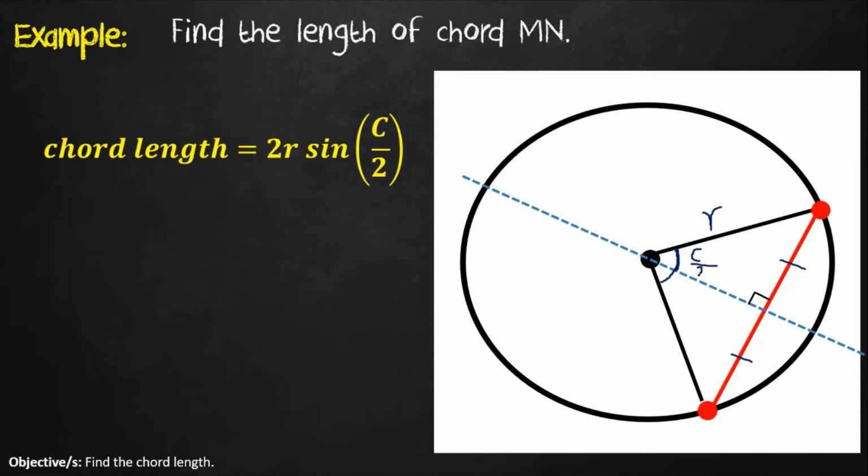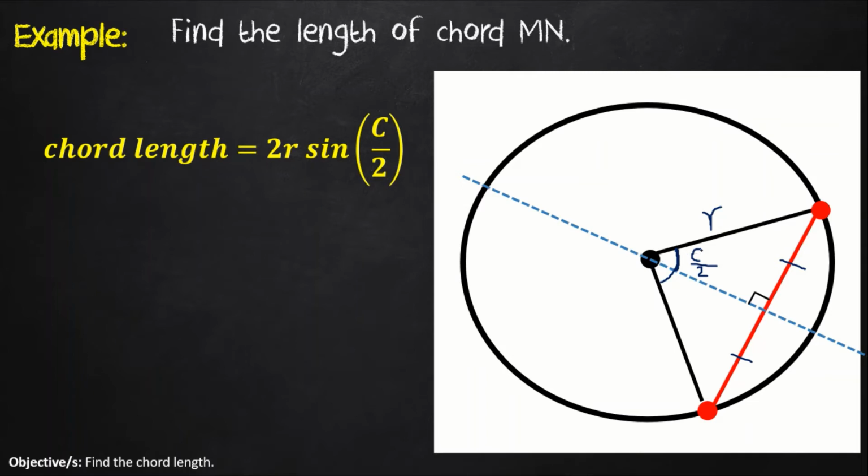Okay? Now, para makuha natin itong part ng chord na to, gagamit tayo ng trigonometric function. So, kung ito yung angle natin, C over 2, at kailangan natin itong opposite side, at given ang hypotenuse, which is the radius, so, ang gagamitin nating function is the sine.